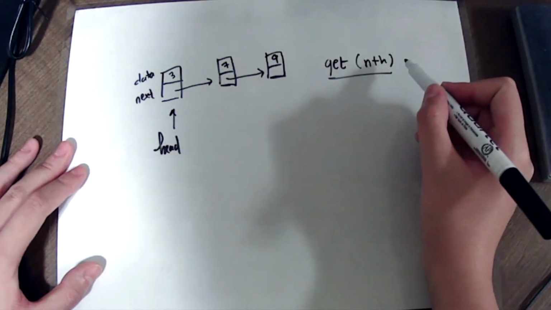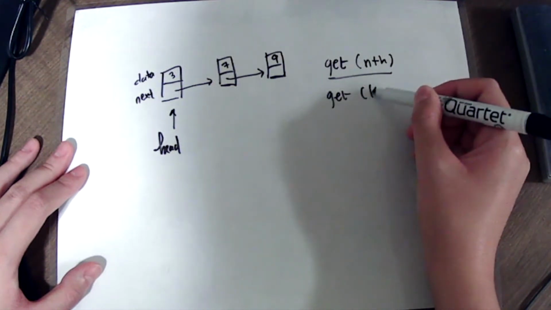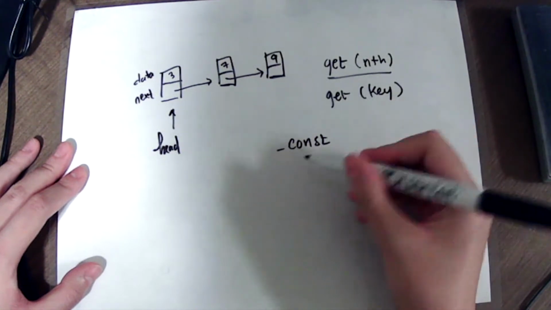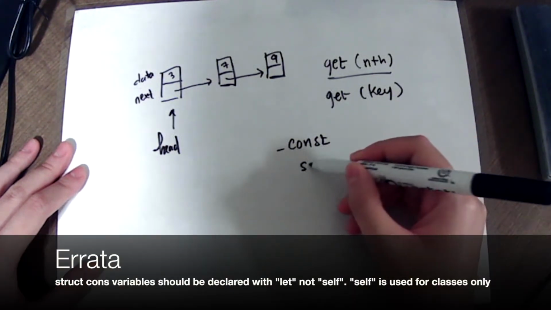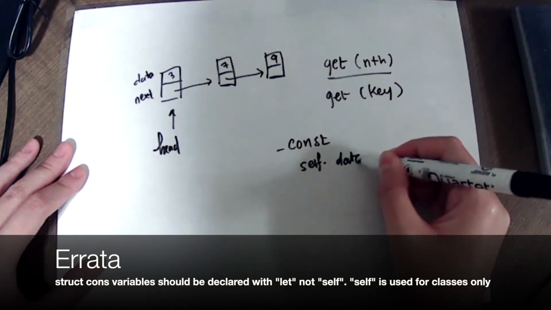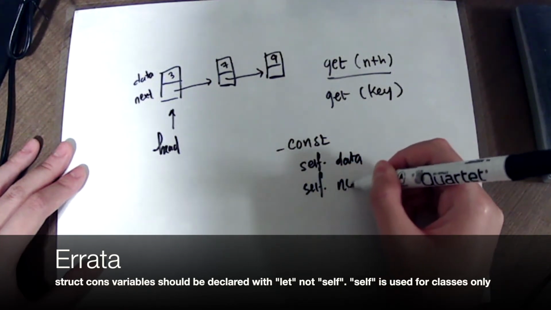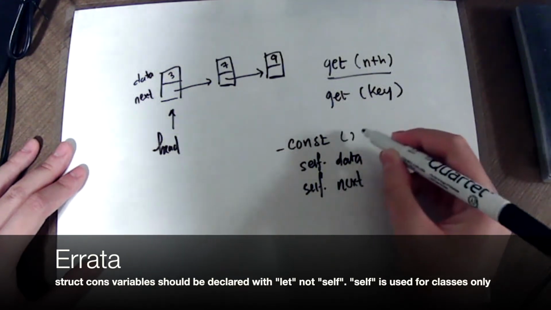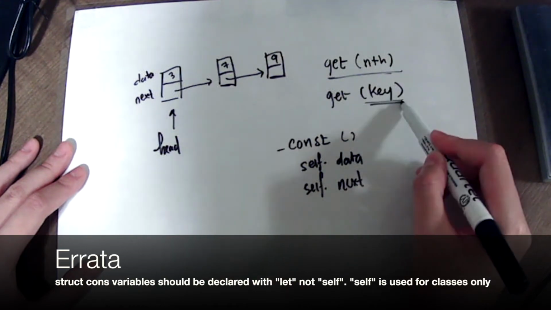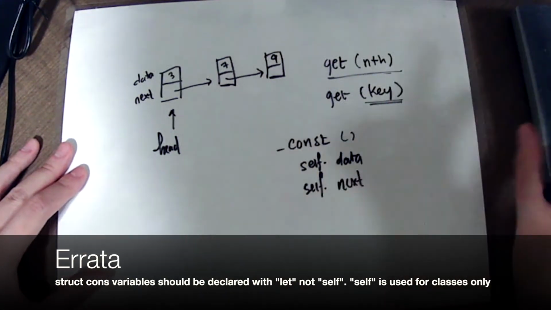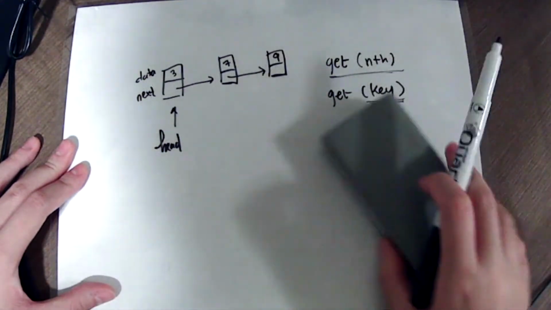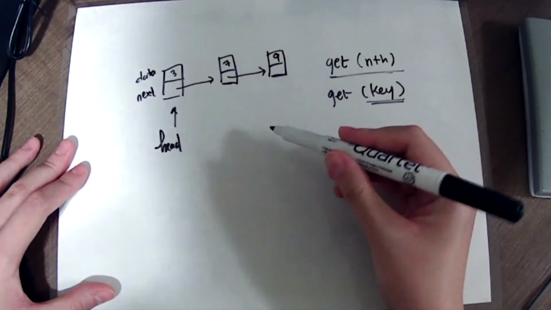Basically, we can't perform a get key because its cons looks like self data and self next, so we cannot do anything other than get nth because we don't store key values at the same time. So for get nth, how do we do this and what is the complexity?